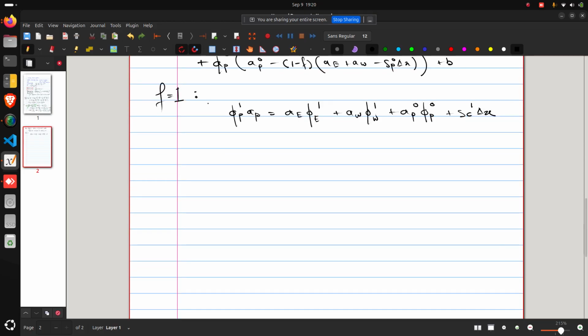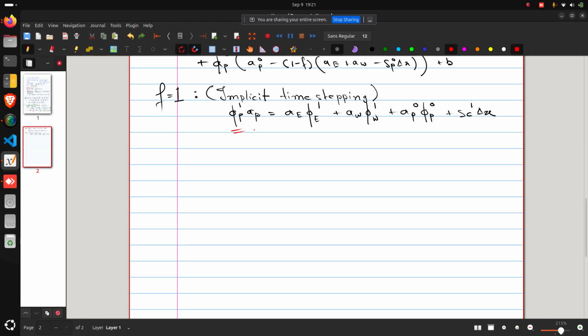So now that we have this form, this is sort of called an implicit time stepping. So what does implicit time stepping mean? Here what are the unknowns?